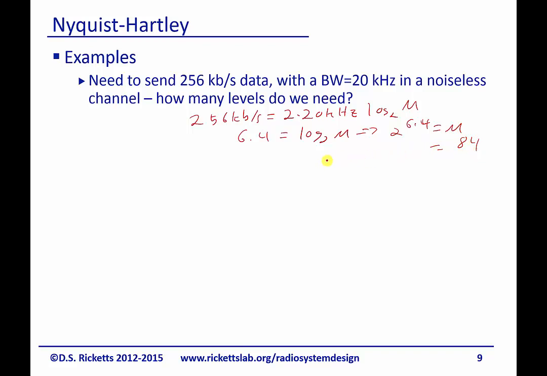And I'd have to round that up to 7 bits if I wanted to build that. So 2 to the 7 is 128. So I'd round this up so that M is equal to 128 levels. Okay? And that would allow us to supply 256 kilobits per second in a 20 kilohertz bandwidth.